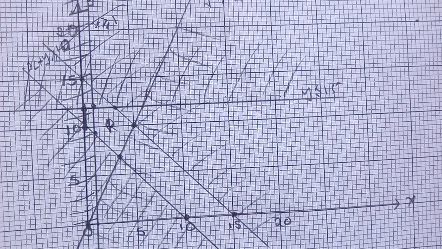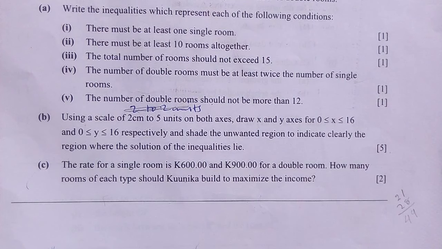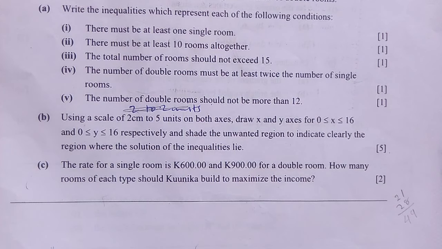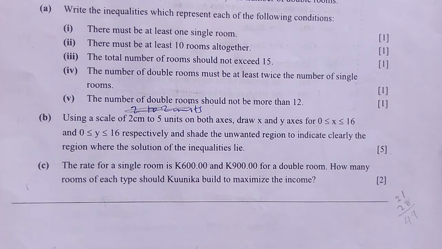So now, in order for us to answer the last question, which says the rate for a single room is 600 kwacha and 900 kwacha for a double room. How many rooms of each type should Kunika build to maximize the income?